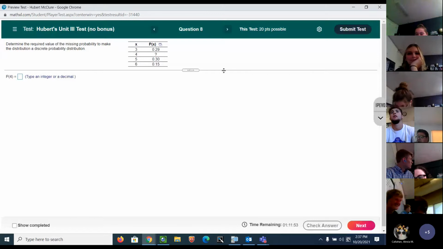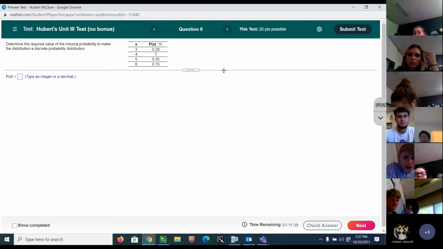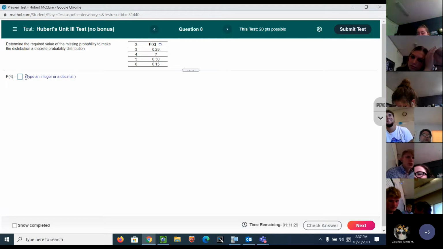Okay, chapter 6. Go ahead and write that down. It says determine the required value of the missing. Okay, this is simple. That's not hard. You don't even have to do anything. You just have to think in your head. 30, that's 45, 70, 74, 26.